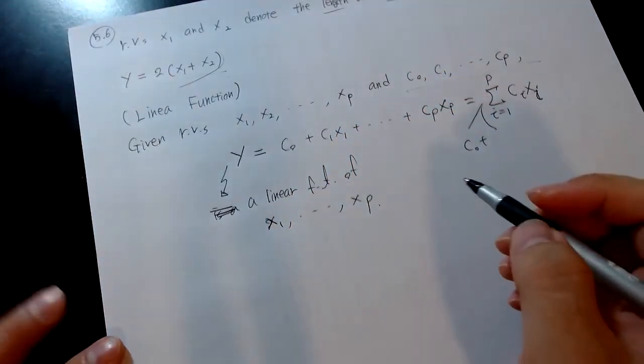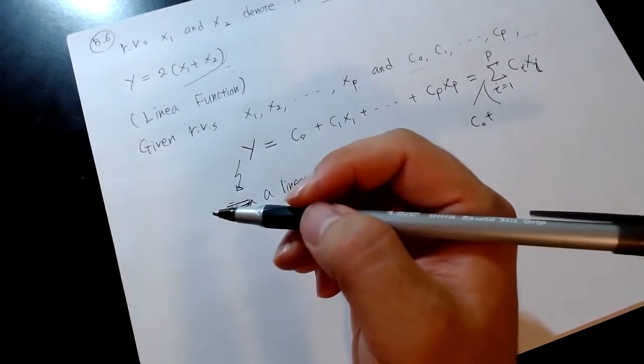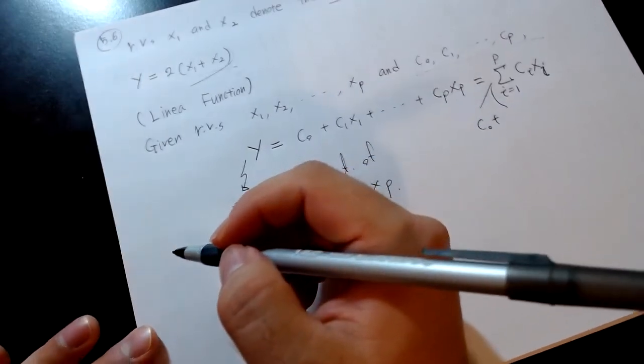Then what about the expected value? Let's figure out the mean and variance, and then covariance and correlation.